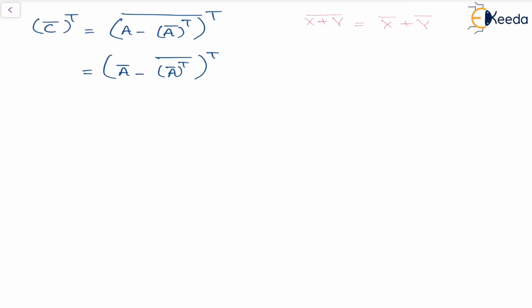Now, this can also be written as A transpose minus A conjugate transpose, since we know that x conjugate whole conjugate becomes x again. So our result is A conjugate minus A transpose whole transpose.